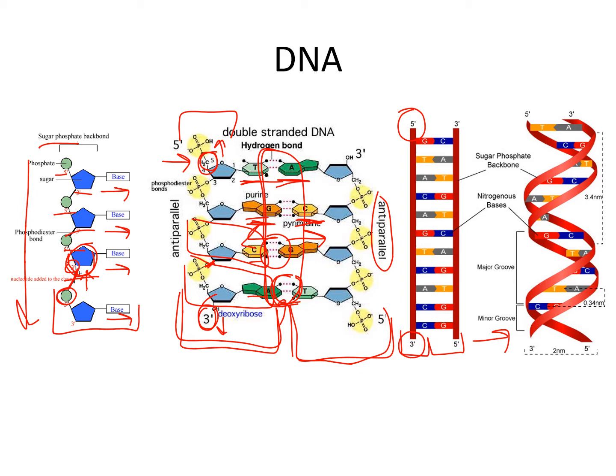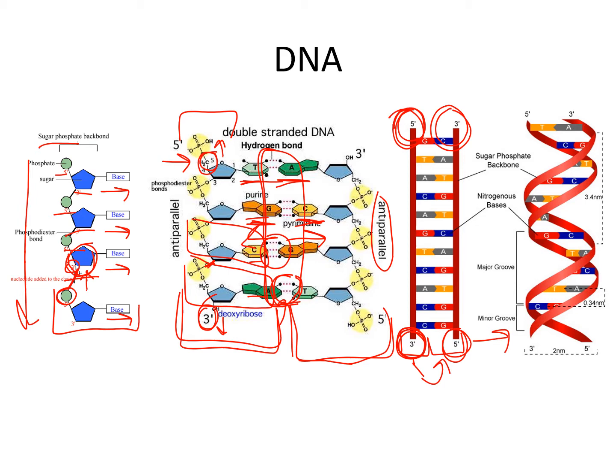So a strand of DNA has a polarity. It has a 5' end and a 3' end, and when you put together 2 strands of DNA with complementary base pairing, they will be anti-parallel. On one side it will be 3' here, and across it will be 5'. And the other side will be the opposite. 5' lines up across from 3'.